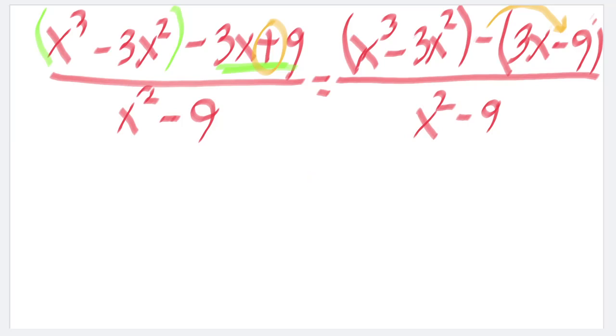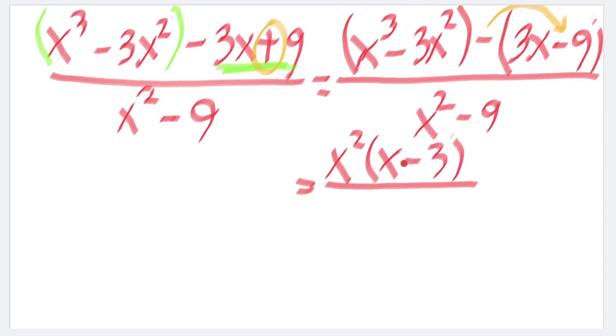So factoring out here, x squared is a common factor. So x squared, and the remaining term for the first function is x minus 3.